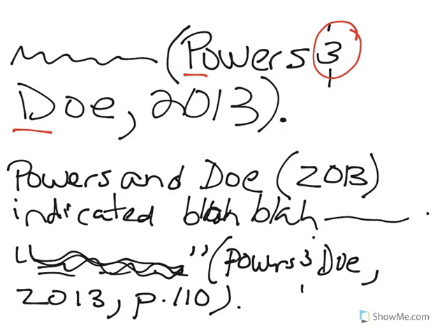There are other ways to do this as well. Again, if you are citing in a sentence and you want to say Powers and, you're not going to have that symbol.